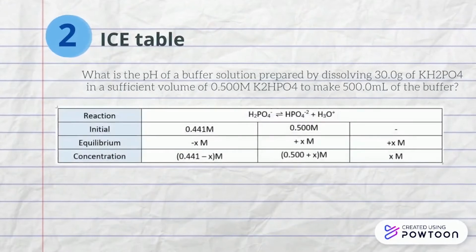In this ice table, we can put in the concentration of H2PO4- that we just calculated, as well as the concentration of HPO4 2- given in the question for the initial section. At equilibrium, the left side will decrease by X amount, while the right increases by X amount, giving us the final concentrations as shown.